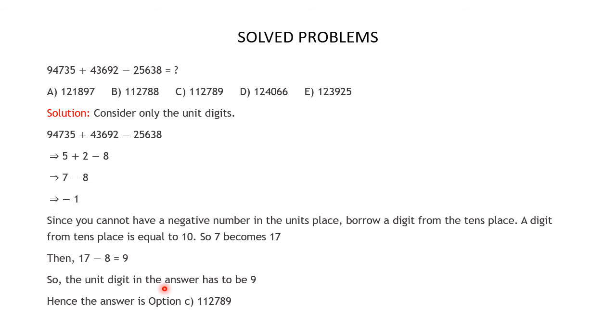So, the unit digit in the answer has to be 9. Now, when you look at all these options, you will see that answer option C has 9 as the unit digit. So, this is the correct answer option. Hence, the answer is option C, 112789. Hope you understood this method.